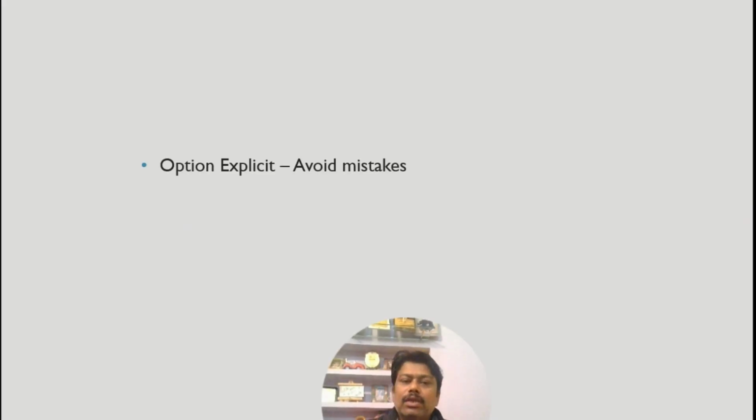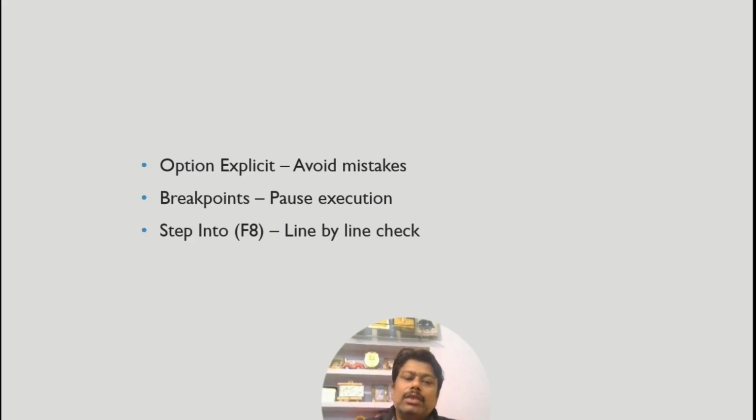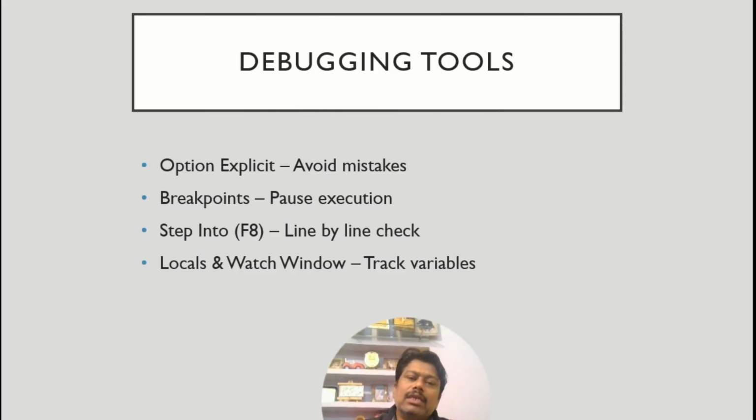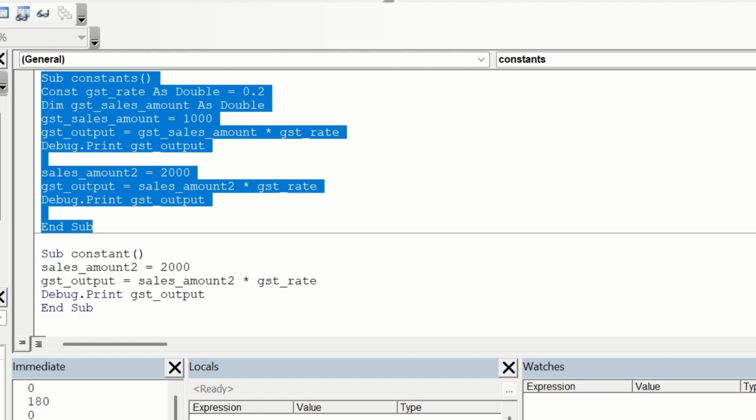So guys, if you want to learn the debugging process, then option explicit obviously to be used, breakpoints, pause executions, and step into that is F8, line by line check, local and watch window, track variables, debugging tools.